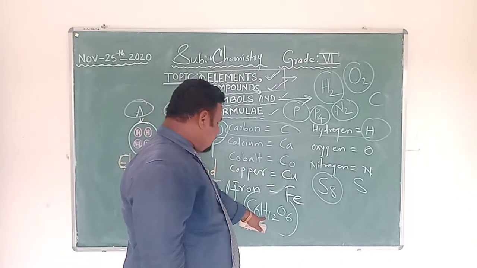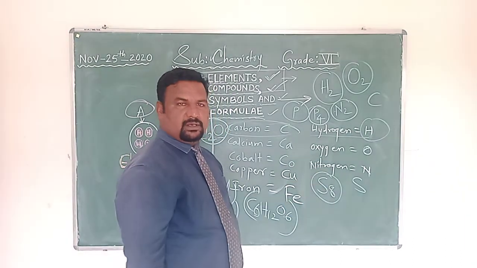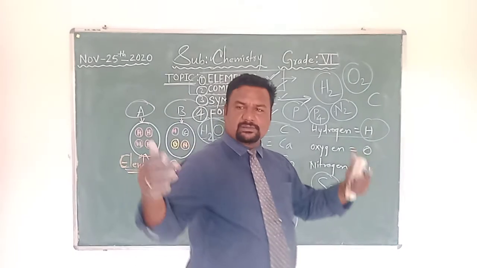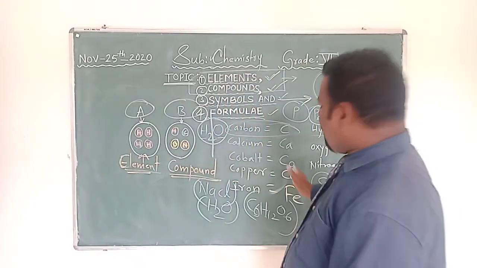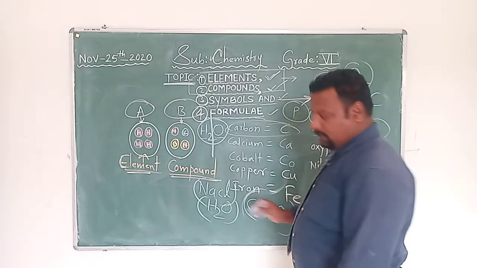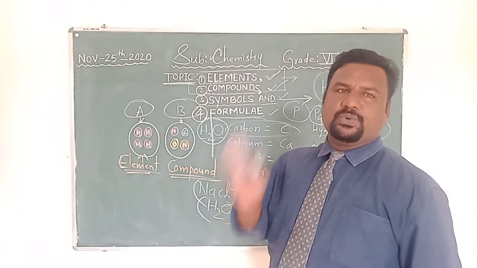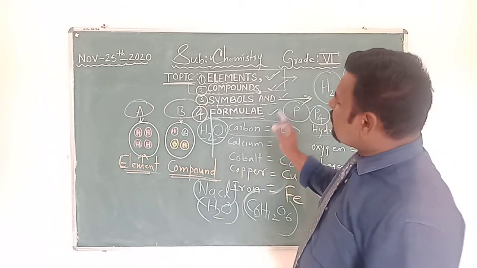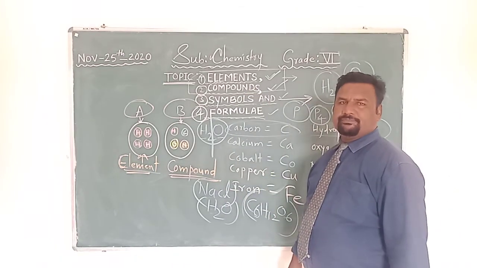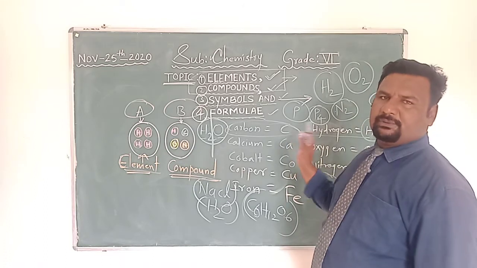Here carbon atom, hydrogen atom, oxygen atom. So carbon, hydrogen, oxygen together give a molecule, so they are called compounds. So a substance whose molecules are composed of 2 or more than 2 different atoms, we have to call it a compound. So hope it is clear to everyone, children.